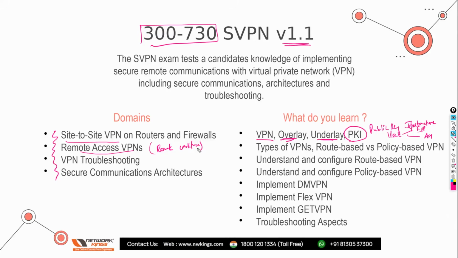Inherently, remember, the SVPN exam is very troubleshooting heavy. A lot of people fail this exam because they go in with the impression that they know how the configuration needs to be done.